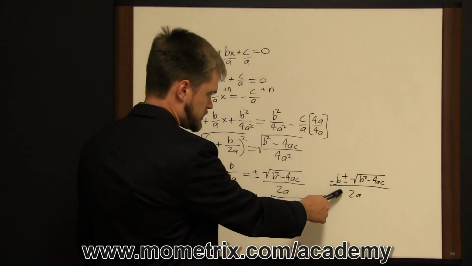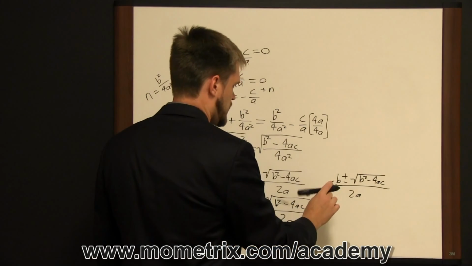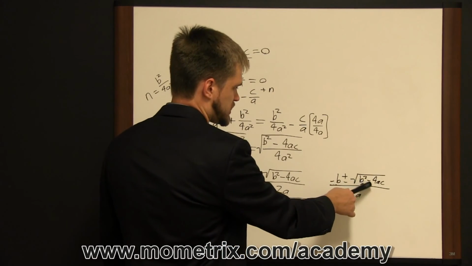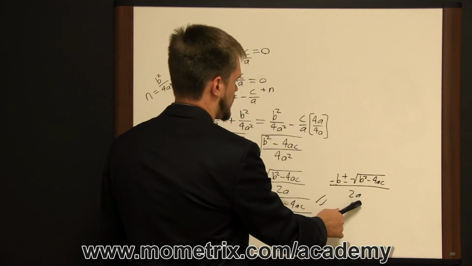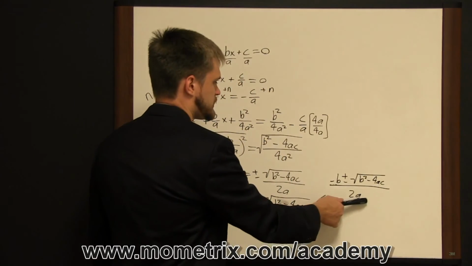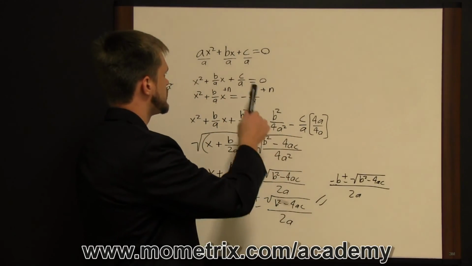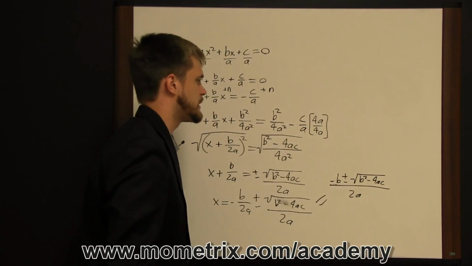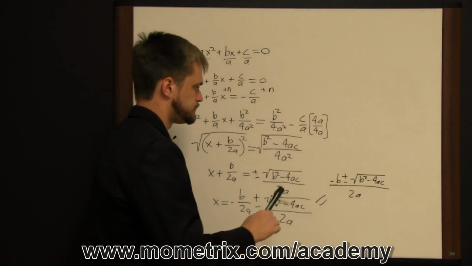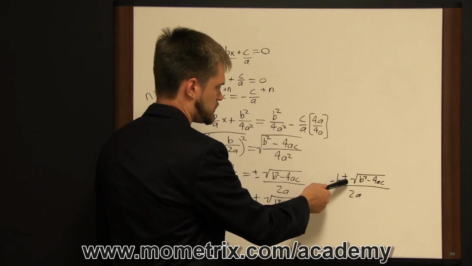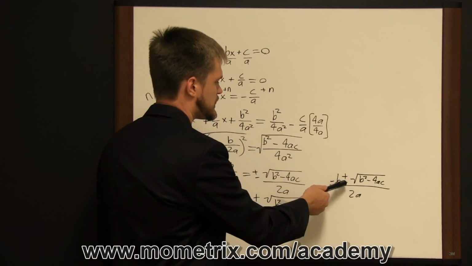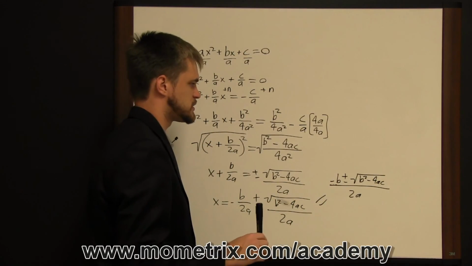And so this right here, negative b plus or minus the square root of b squared minus 4ac divided by 2a, is a formula that we can use to solve for x in any quadratic equation. It's going to give us in general two solutions because we have a plus and a minus, and both of these solutions should be correct.